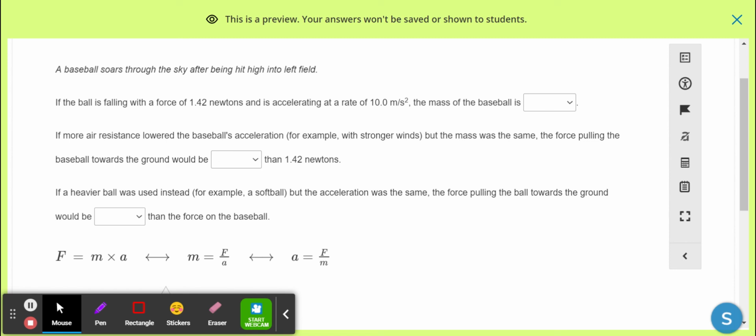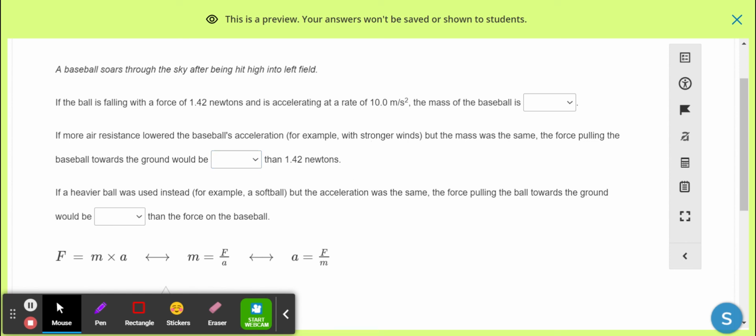If you're ever stuck on something like this, you might try just throwing in some random numbers. So we have here that the ball has a force of 1.42 newtons and a rate of 10 meters per second squared. This part of the question is asking, if we had a lower acceleration, what would that do to the force? Would it be greater or stronger than 1.42 newtons, or would it be weaker than 1.42 newtons pulling on it?